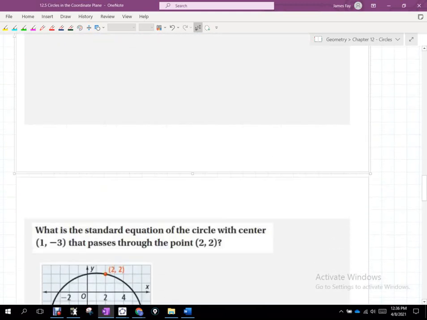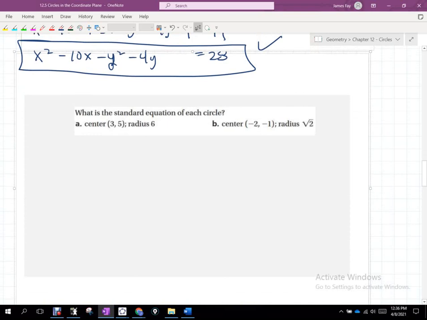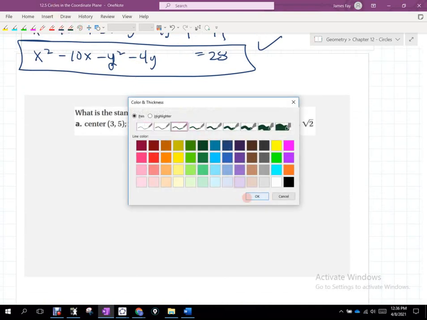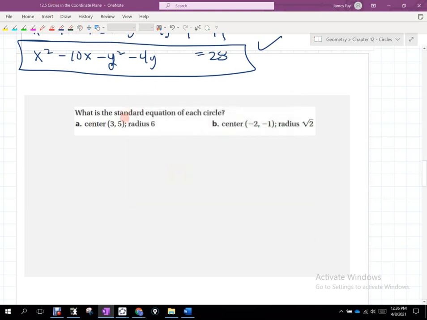When we look at the types of questions that you're going to see in Math Excel, they're going to ask you something like this. They're going to say, what is the standard equation of a circle? So standard equation, right now, we're just going to say is that right there. Okay. So if that's 3 and 5, that 3 is h, 5 is k.